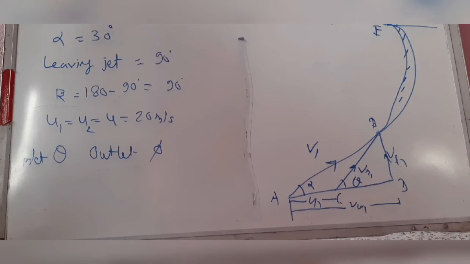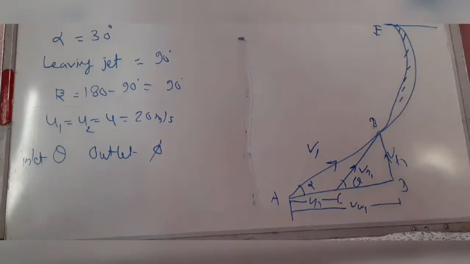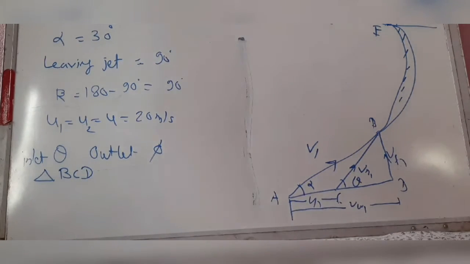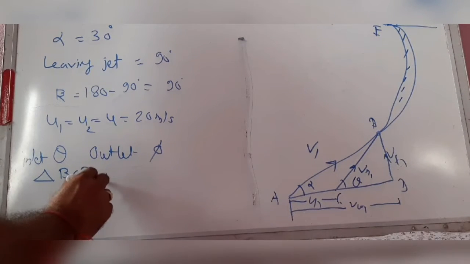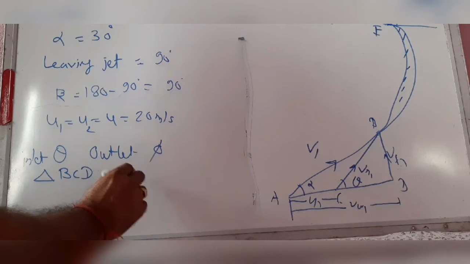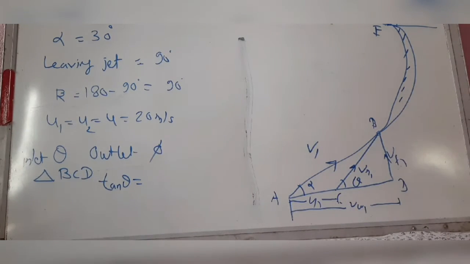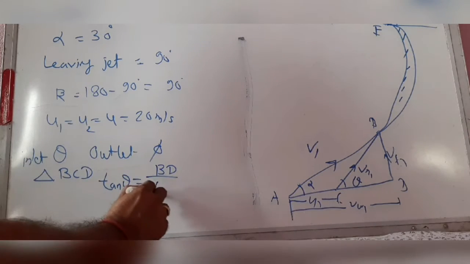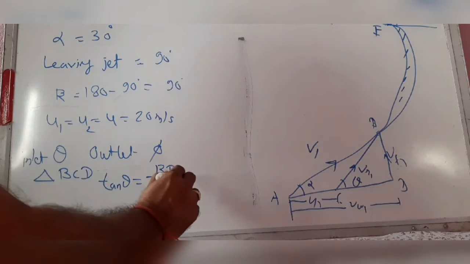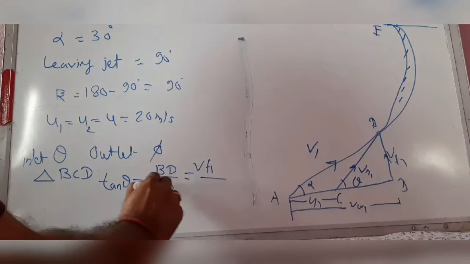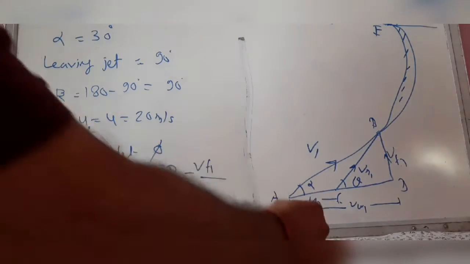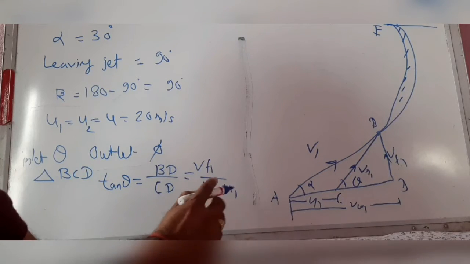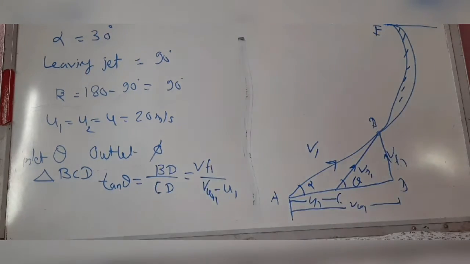So, from triangle BCD, tan theta equal to VF1, that is BD, by CD, that is VF1 by VW1 minus U1, since CD is VW1 minus U1.